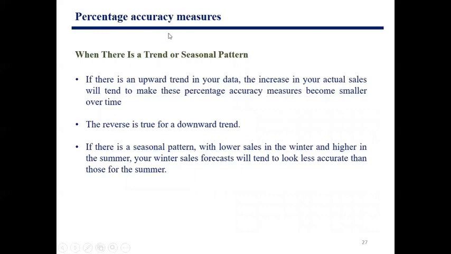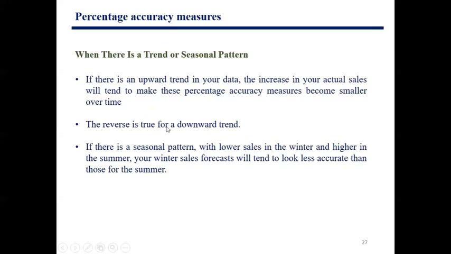When we use the percentage accuracy measures, we have to be careful because of the problem of the trend and the seasonal pattern. Because when there is a trend, for example, an upward trend, which means that your sales are increasing, and you remember that for the percentage error we divide by the sales, this will tend to make the percentage accuracy measures smaller over time, and this will make our measures biased.